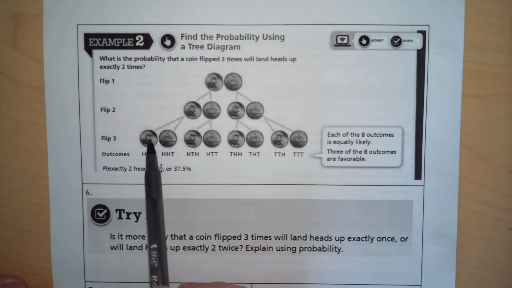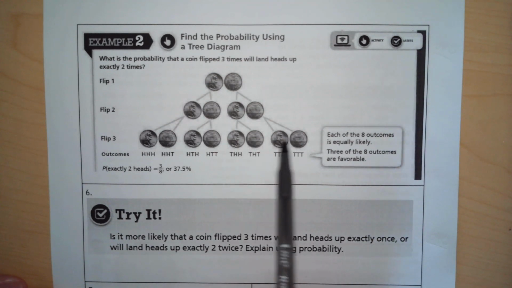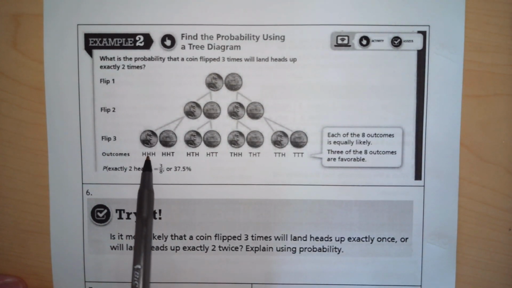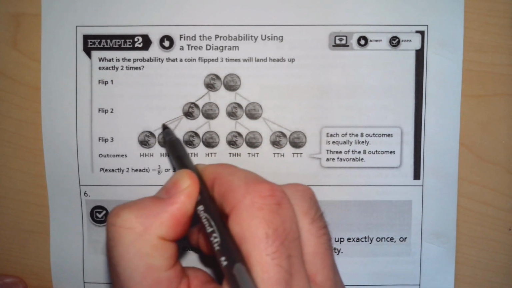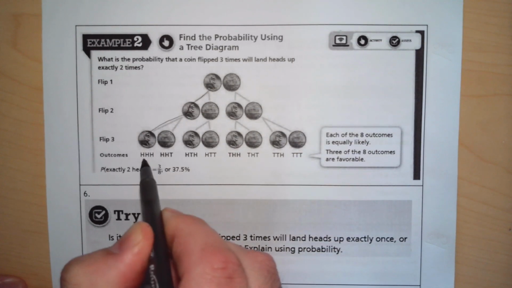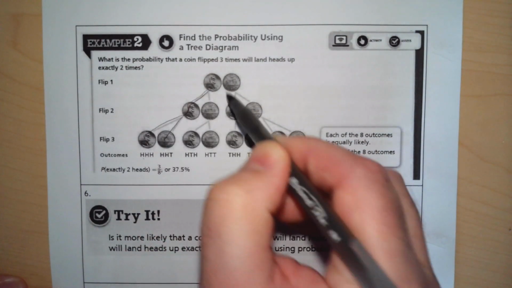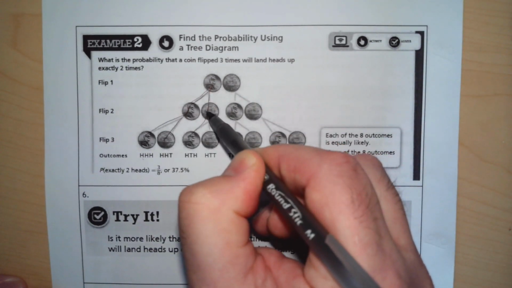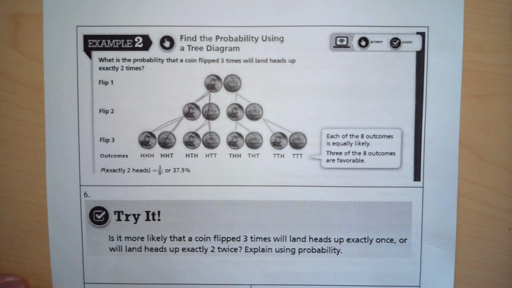And then each time you flip it, it could land heads up or tails. And then down below is a list of all the different outcomes. So this branch is heads up, heads up, heads up. This is heads, heads, tails. This is heads, tails, heads. This is heads, tails, tails. Okay, and it continues across the diagram like that.